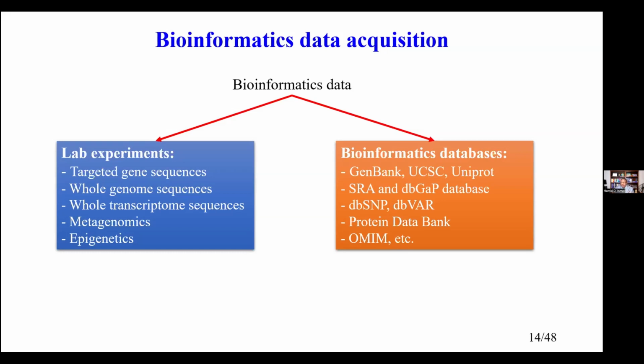You can also find other information, like primary and secondary information, like the relationship between phenotype and genotype, and structures of proteins. And you can find information about diseases, like Online Mendelian Inheritance in Man and so on. So when you need to think about the data, if you are not working in a wet lab, you still have an option.